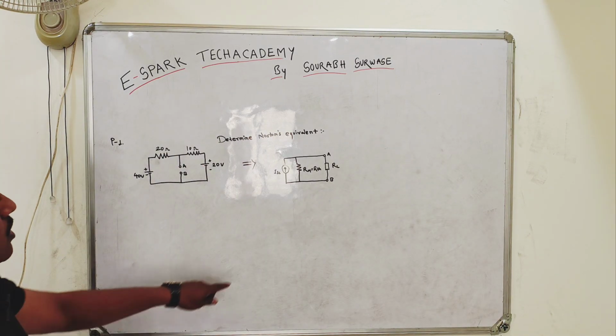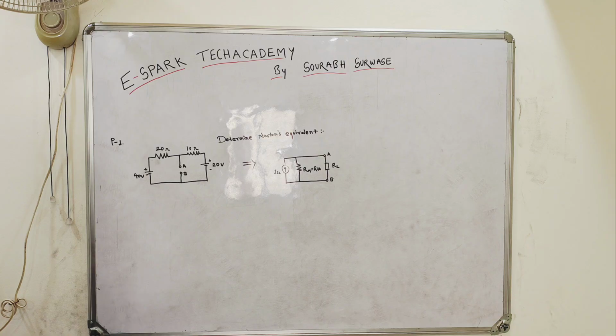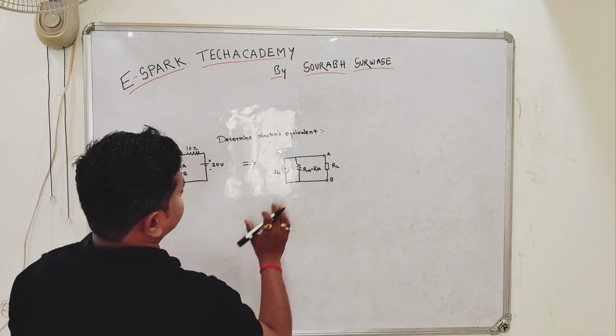Now this is the Norton's equivalent circuit diagram which we have to calculate.